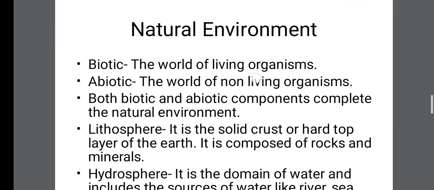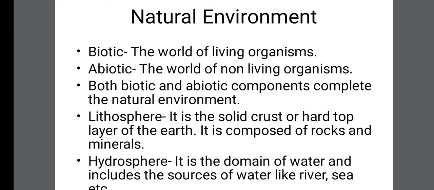Next, we will study natural environment. Natural environment is composed of biotic and abiotic factors. Biotic factors include the world of living organisms like plants, animals, and humans, and the abiotic component includes the world of non-living things like the TV, refrigerator, anything that is non-living.